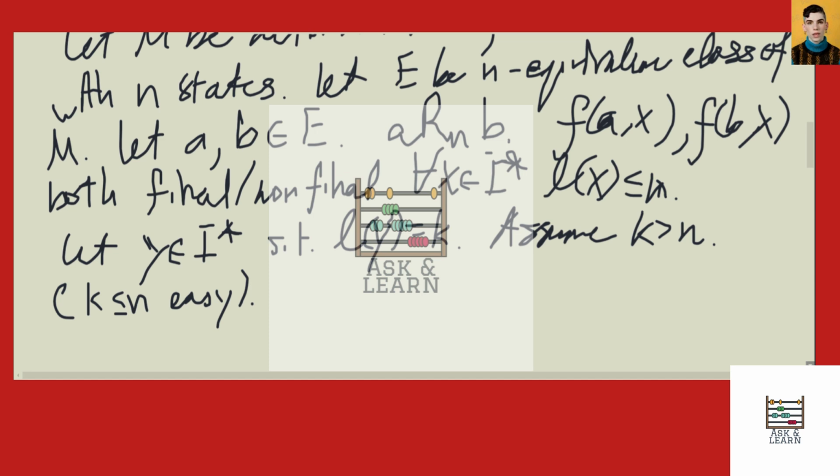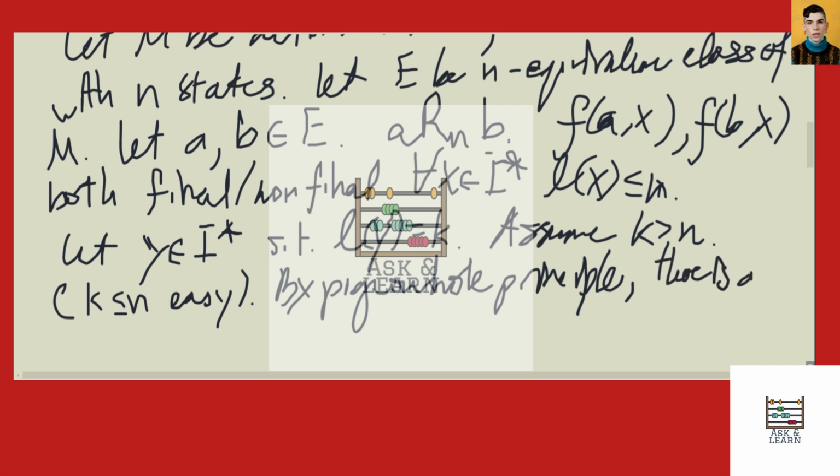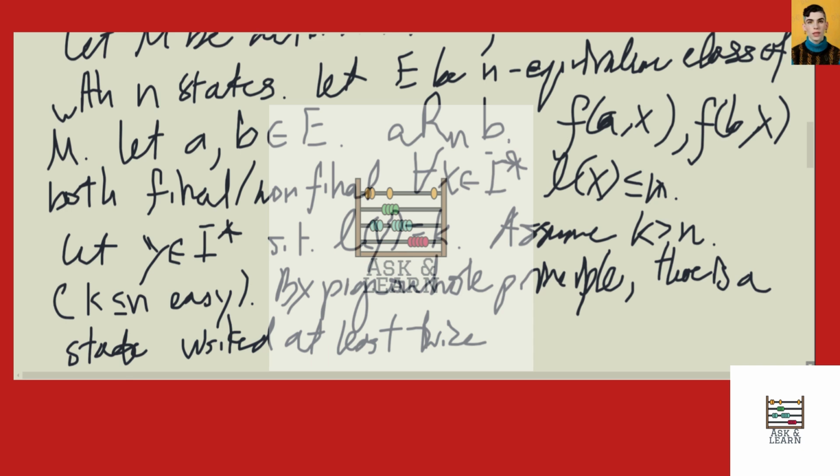Now, since the length of the string y is greater than the number of states n, by the pigeonhole principle, it follows that there is a state visited at least twice when the input is y.